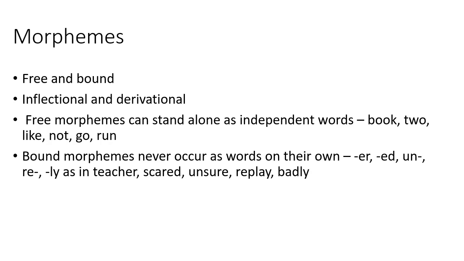They can stand alone as independent words. So I can say things like wash yourself or wash. There's a hint for you, wash. And it's a verb. So we get things like book, the numeral to, the verb to like. We can get, if you like, the marker not. We can have the verb go, the verb run. And it's quite clear to us that these are independent words. They stand on their own.